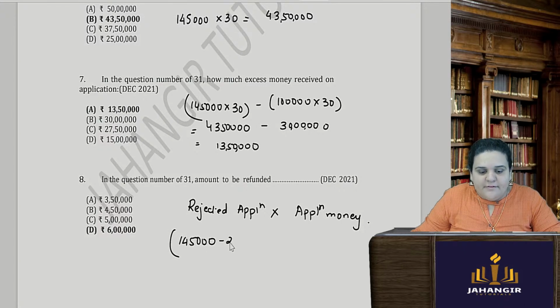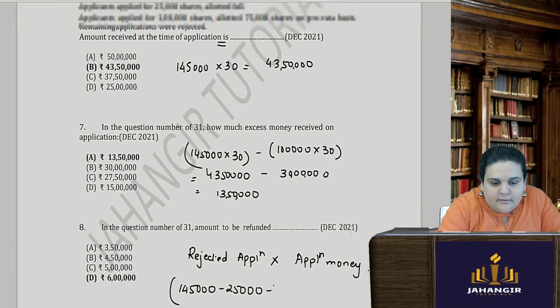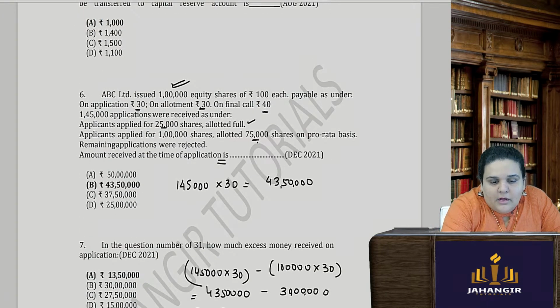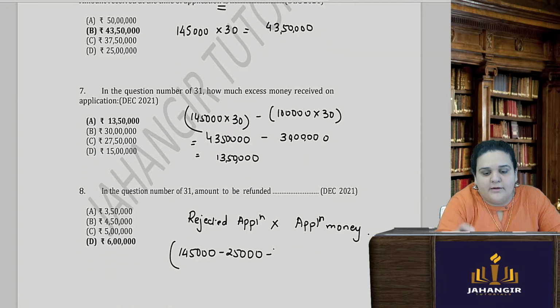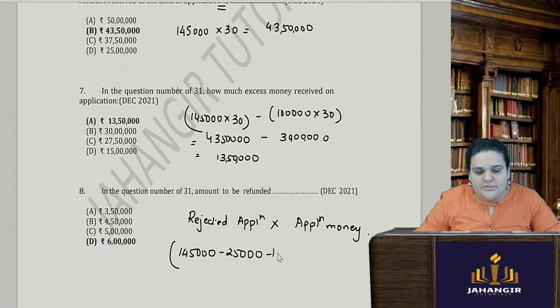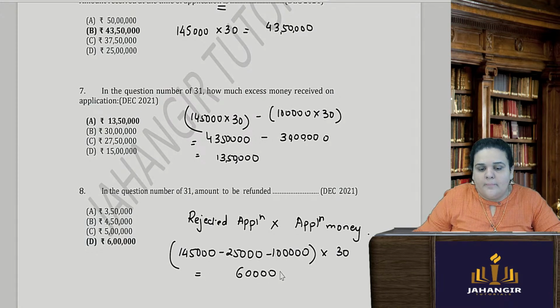From that, 25,000 were fully allotted, and the rest 1 lakh, I took only 75,000. Out of the applied 1 lakh shares, allotment was done to 75,000. Into the application money of 30 rupees.